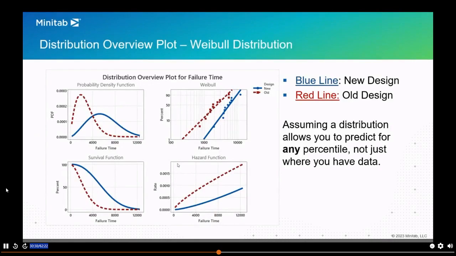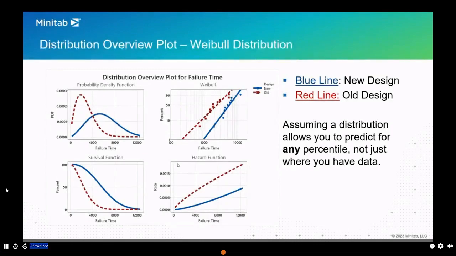And if you think about it, what we care about here is when those failures might happen. That overall distribution with the new design, the blue line, has moved to the right. That's good news for us. We can repicture this in a couple different ways. So we're going to take that concept of the distribution curve and now move it to a probability plot, which we just talked about, right?